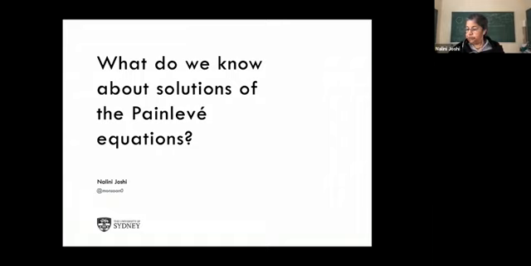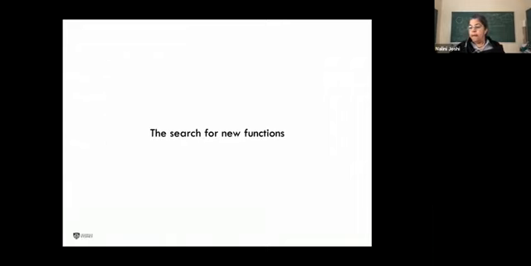Okay, so the main question that led to the discovery of the Painlevé equations was the search for new functions. Near the end of the 1800s, the theory of elliptic functions was becoming extraordinarily rich, built upon the building blocks that Abel, Jacobi, Weierstrass, and many others had been building throughout that century.